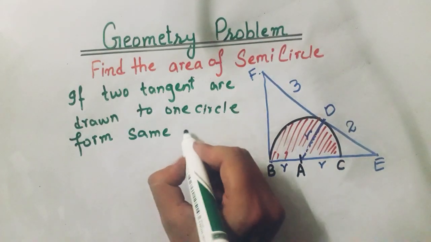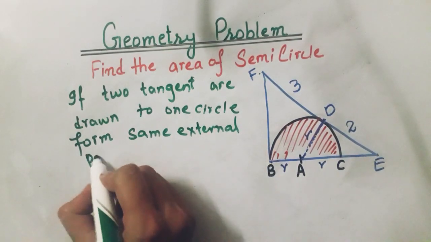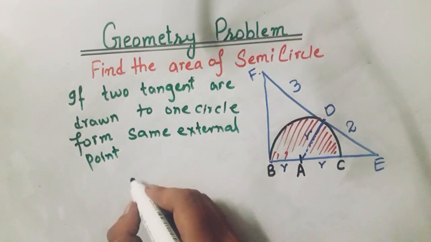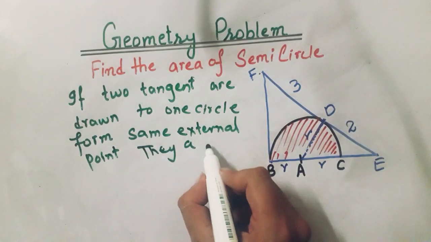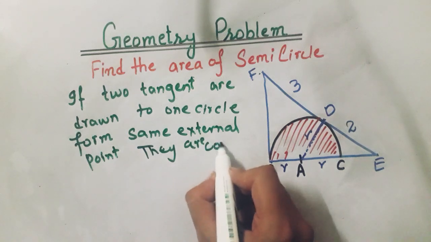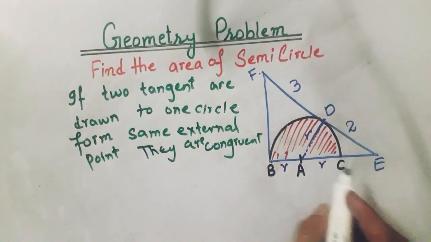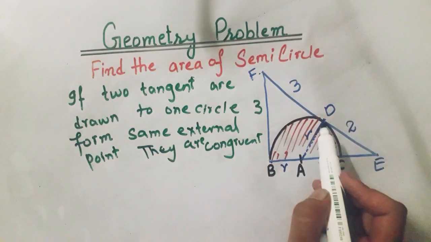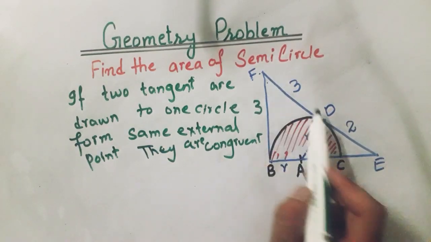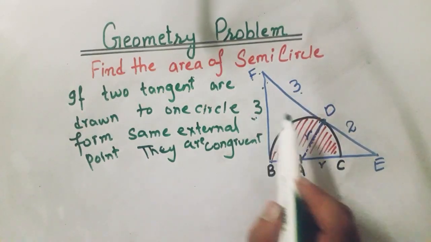This is their external point. The external point condition is that they are congruent. It means if this side is 3, this side is also 3. So because these are tangents FD and FB to this circle, this side and this side are equal.